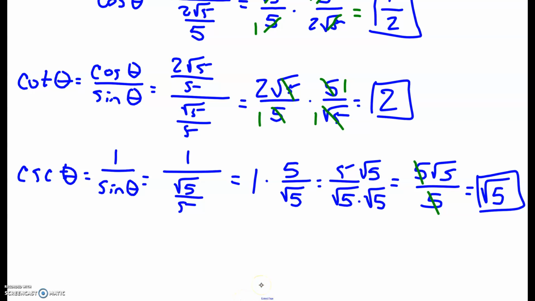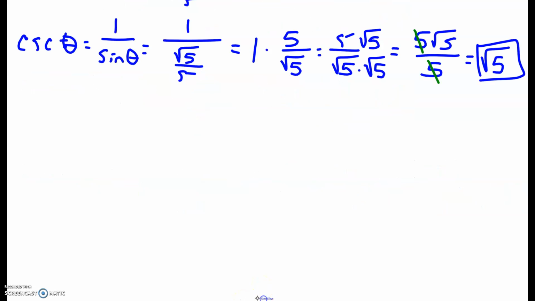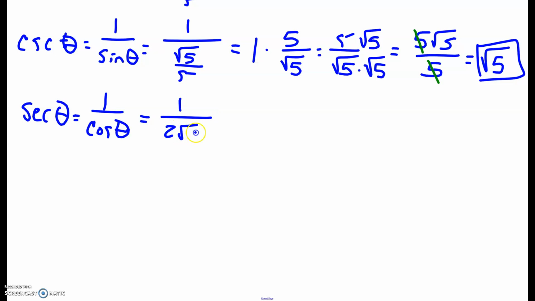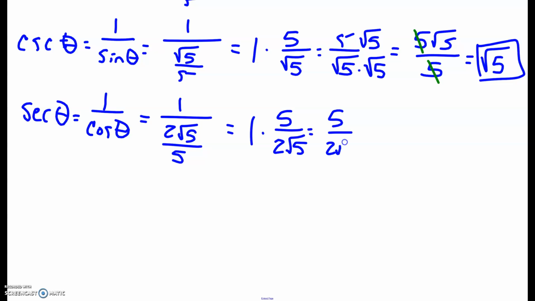One more to do, and that is secant. Secant theta is 1 over cosine of theta, or 1 over 2 root 5 over 5. Again, we're going to change this to multiplying by the reciprocal. And now I need to rationalize.